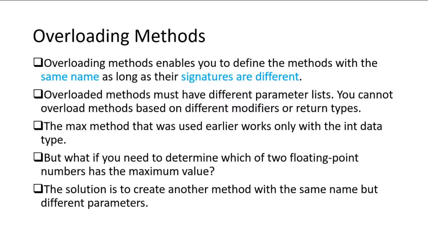Obviously, since the parameter list of max expects an integer value, you cannot just send two floating point numbers to that function and expect it to run. You will get a compiling error. So here in this case, the solution is to create another method with the same name, but this time the parameter list will be different. Instead of two integers, it will accept two double numbers.